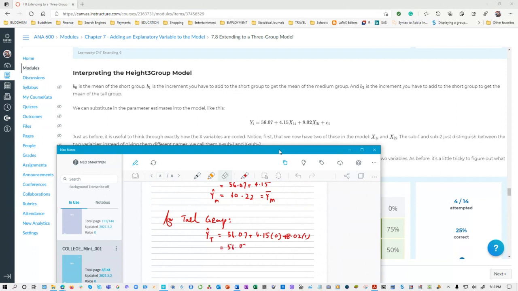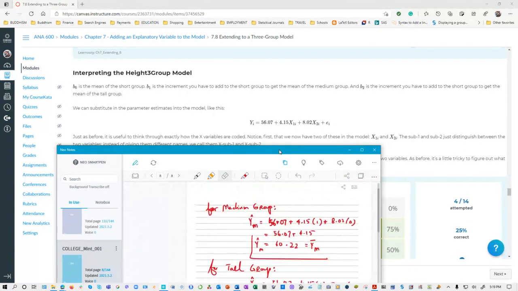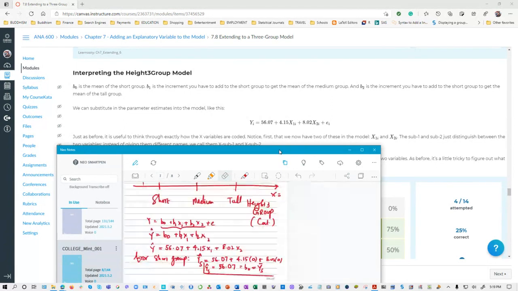So 56.07 plus 8.02 is 64.09. Y hat tall is nothing but y bar tall. So we have the medium average, tall average, and short average.